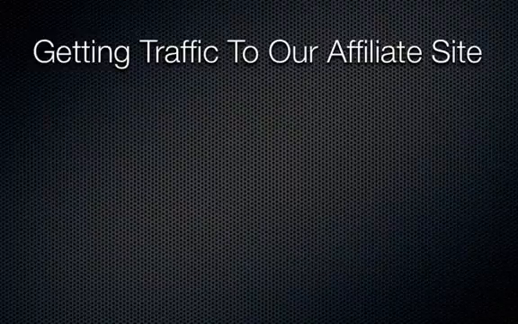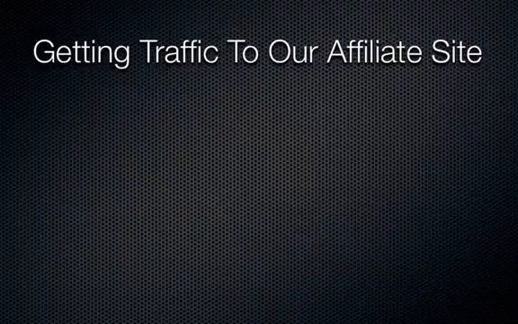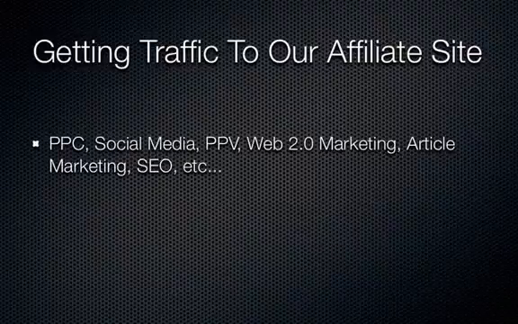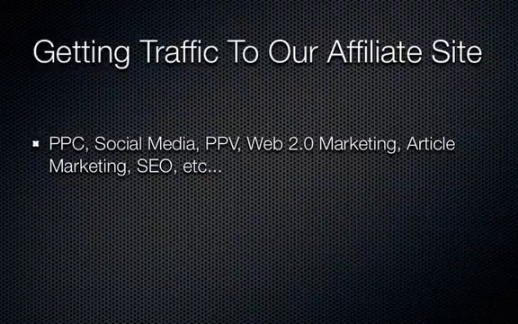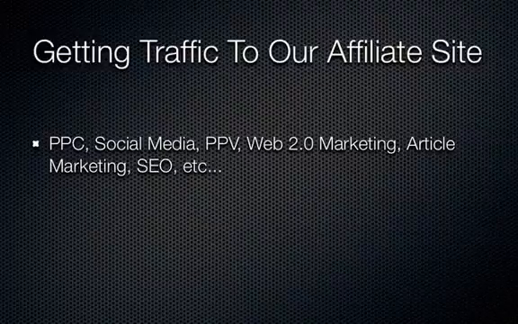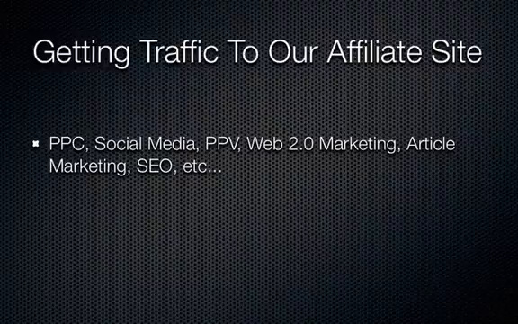But you know what, folks? Like many marketers out there, they'll tell you you need to do pay-per-click, which can be ridiculously expensive, especially if you don't know exactly what you're doing. Social media, pay-per-view, Web 2.0 marketing, article marketing, SEO, etc. There are tons of different ways that you can drive traffic, which can be great.